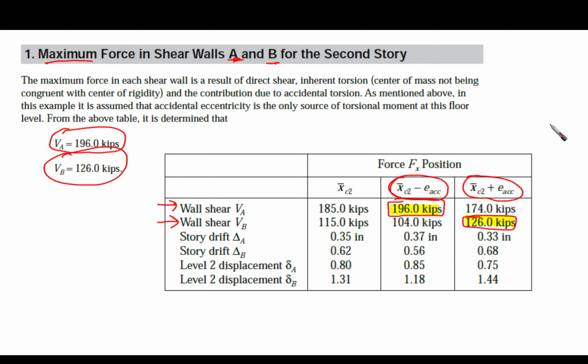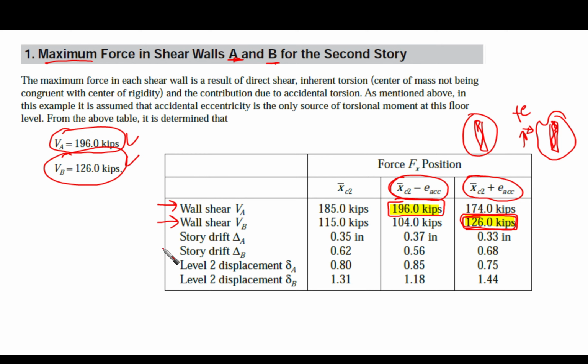Because wall B is on the right, but wall A is here. Whenever we shift the force to the right, meaning plus eccentricity, we expect B to have the maximum force. And the opposite applies for A. This is logical and we can obtain it easily.